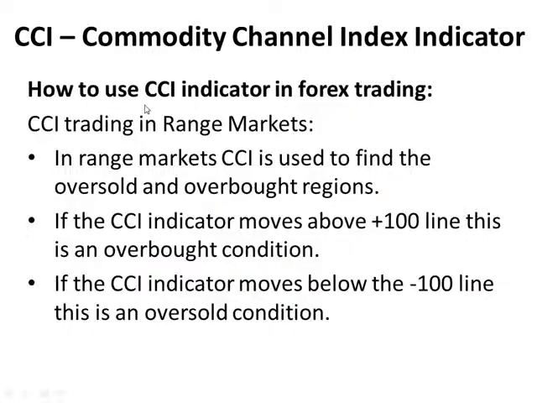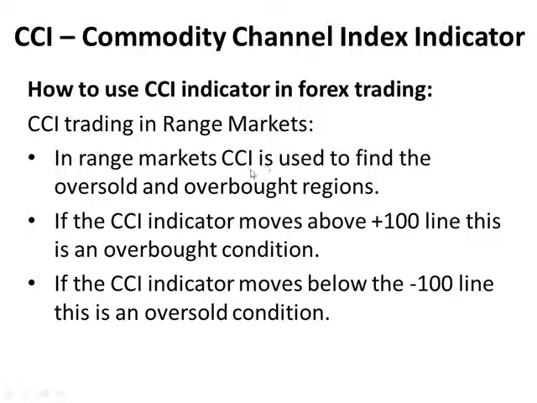So how to use the CCI indicator in forex trading? The CCI indicator can be used in both range markets and also in trending markets. To use the CCI indicator in range markets, it is used to find the oversold and overbought regions.